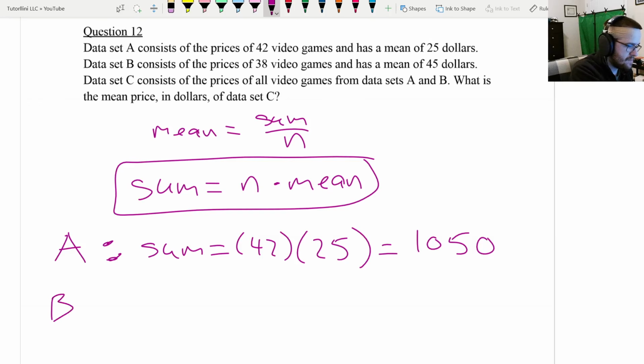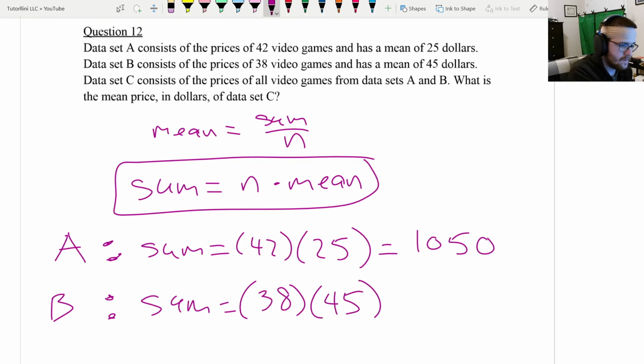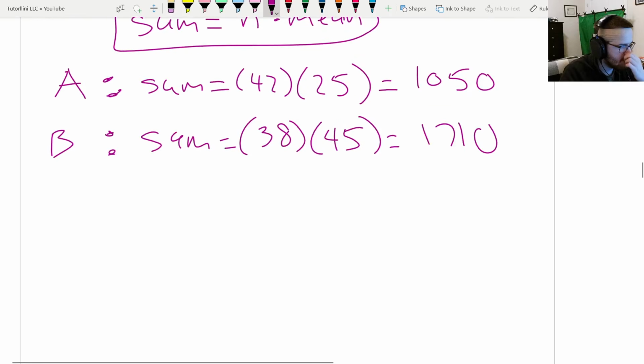And then for data set B, we're going to do 38 is n, and the mean is 45. So 38 times 45, that gives us 1710.